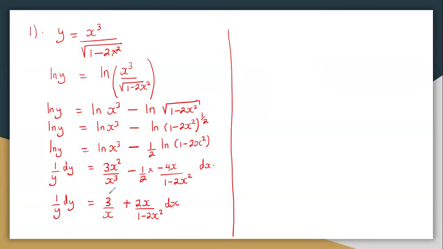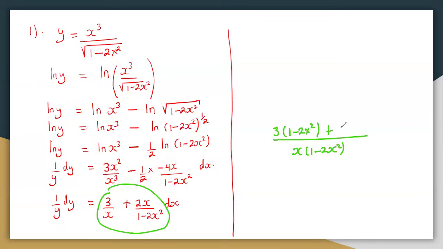But if you want, you can first simplify this alone, and then you know that my LCM is going to be x into 1 minus 2x squared. Then you say the whole of this divided by this, you end up with 3 into 1 minus 2x squared, then plus 2x times the x. So when you simplify, you'll have 3 minus 6x squared plus 2x squared divided by x into 1 minus 2x squared. Now, negative 6 plus 2 will give us a negative 4.